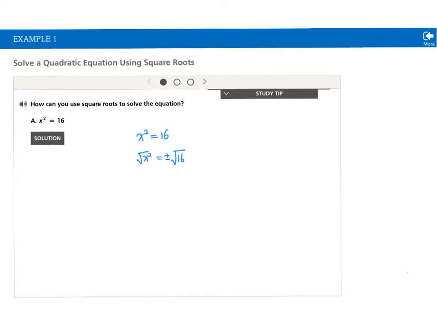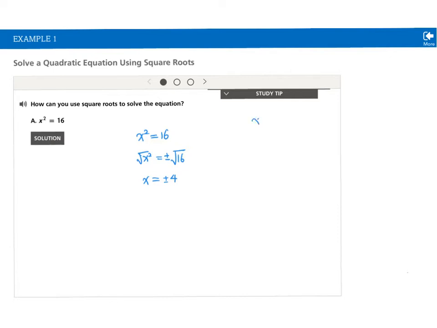So you have to add the plus and minus. And now if I simplify both sides, I would have x equals positive 4 or x equals negative 4. Either number would satisfy the condition that x squared equals 16.